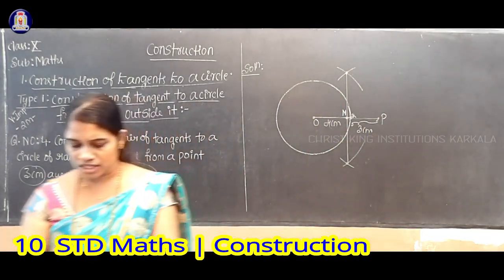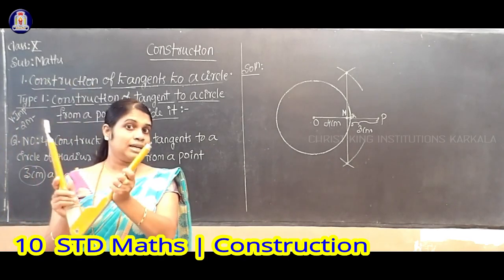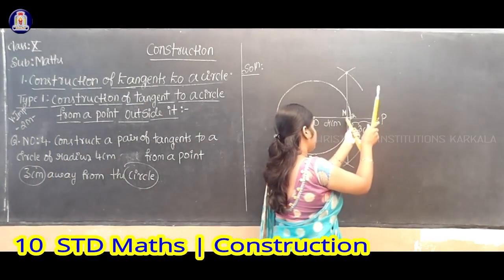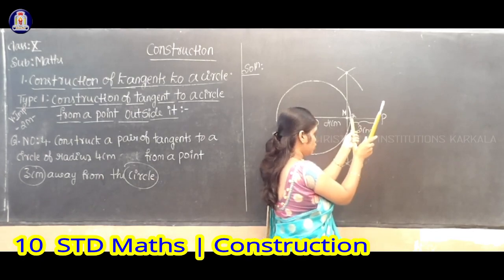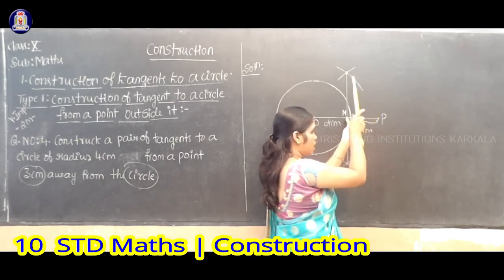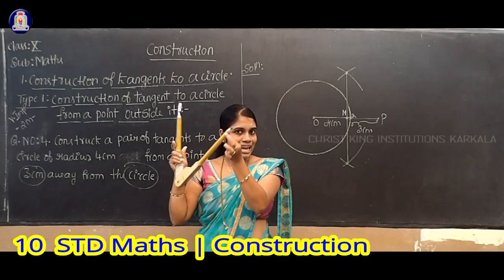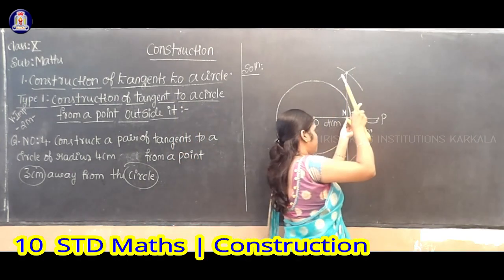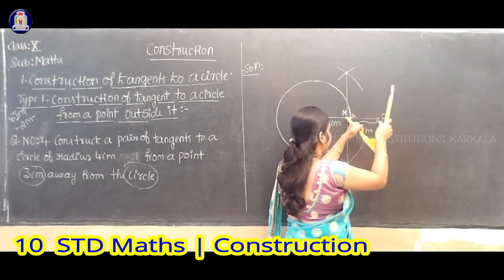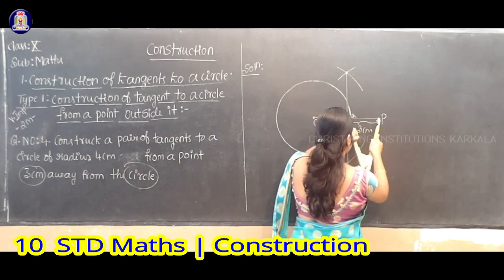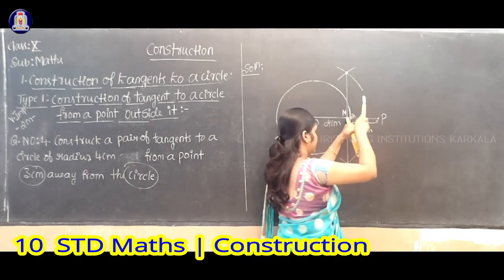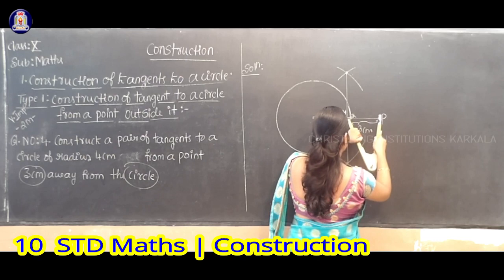So now the same process by taking this M. Remember, don't take this Q. You have to take M. Keep the leg of your compass at the point M and take MP as radius.